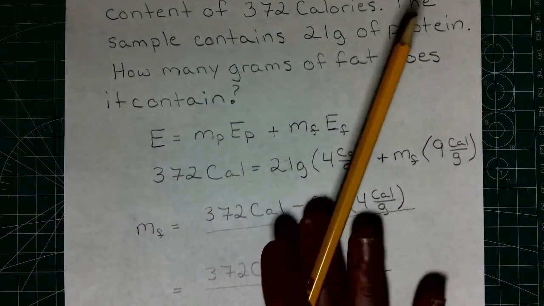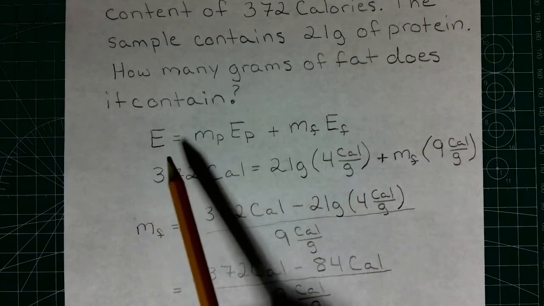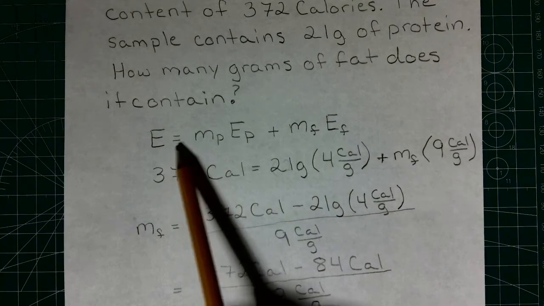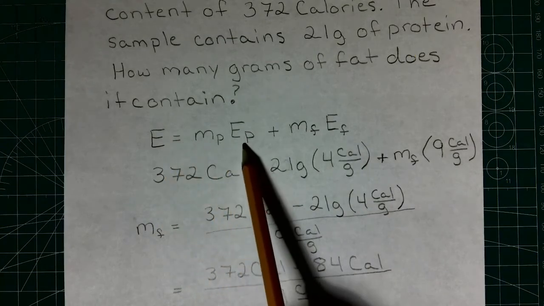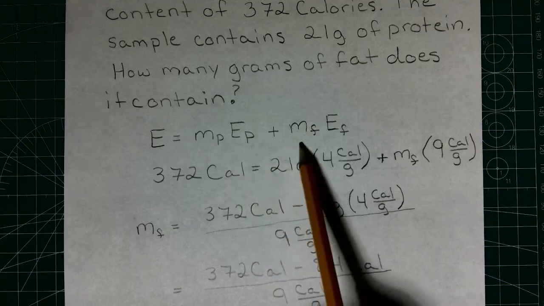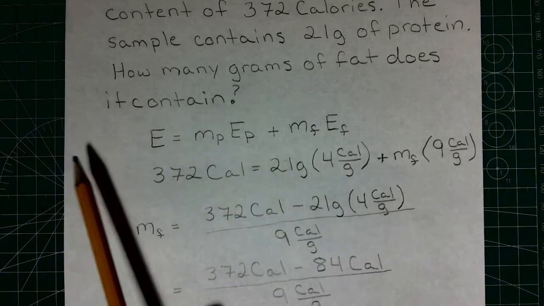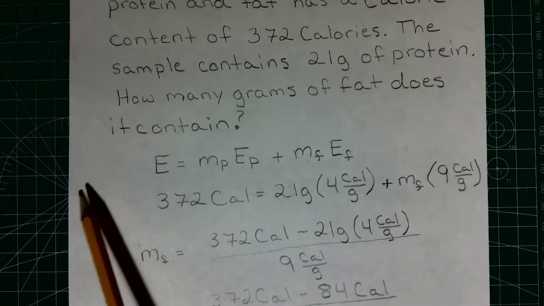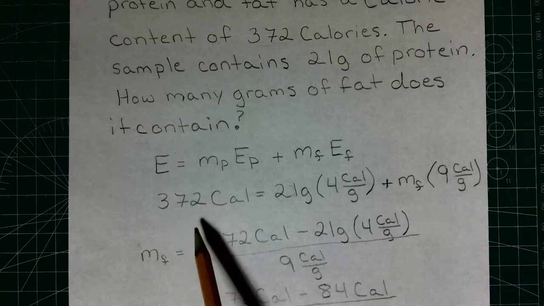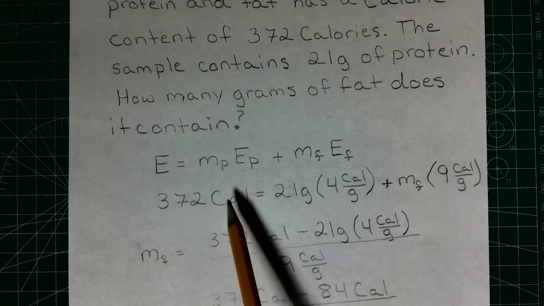So we set up the problem just as we did before, only this time we don't have any carbohydrates. So the total energy is going to equal the mass of the protein times its caloric content plus the mass of the fat times its caloric content. If I plug in the values from the problem, total energy released is going to be 372 calories from here.